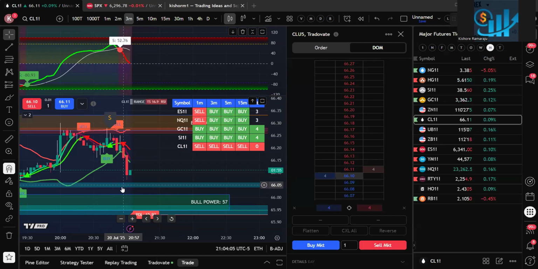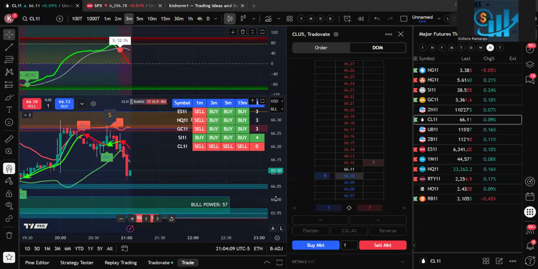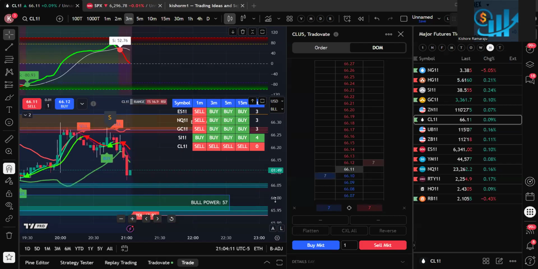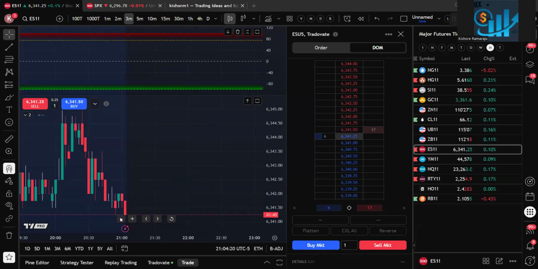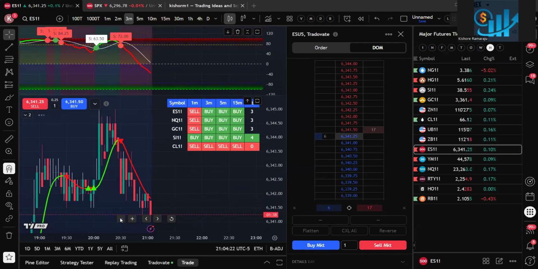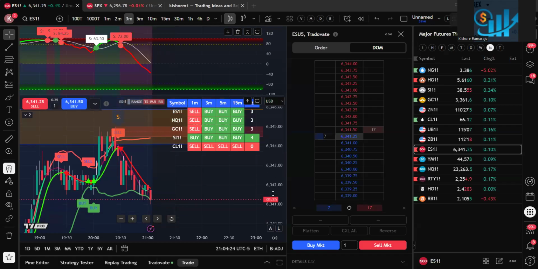Again, at the same time you can take the trades in a personal account or prop firm. It is up to you. In a few minutes, GC also will make nice profits. We are waiting for a pullback.